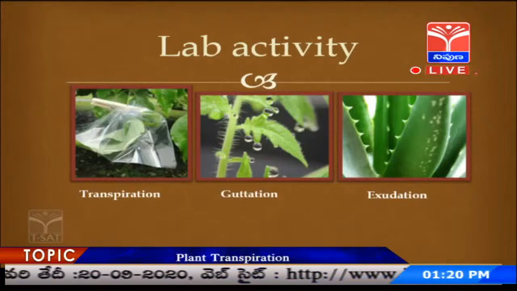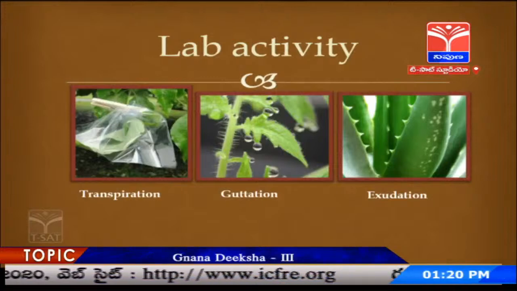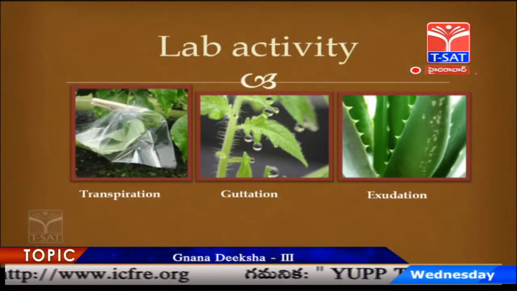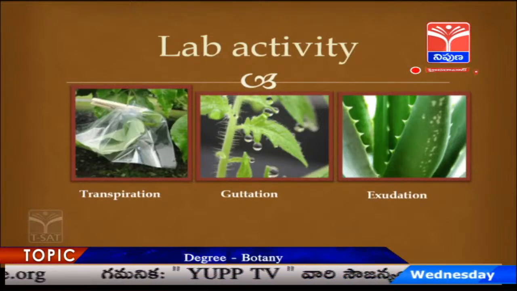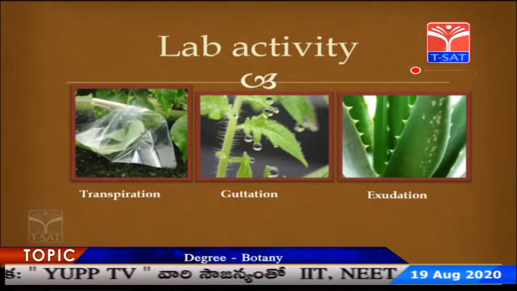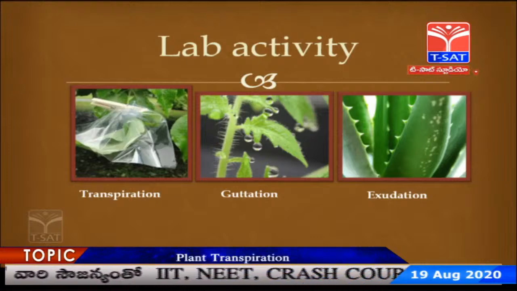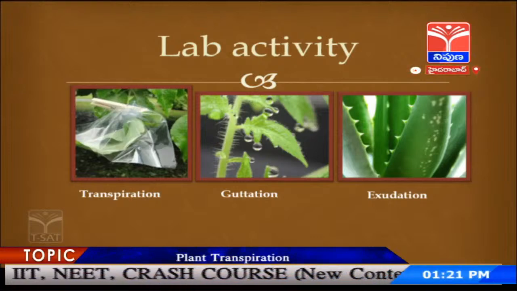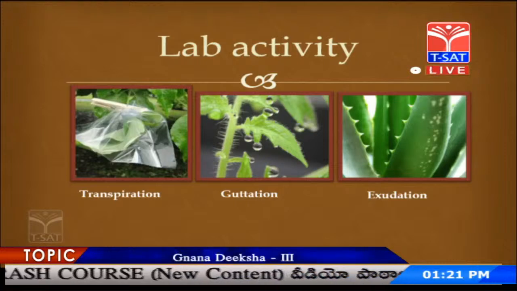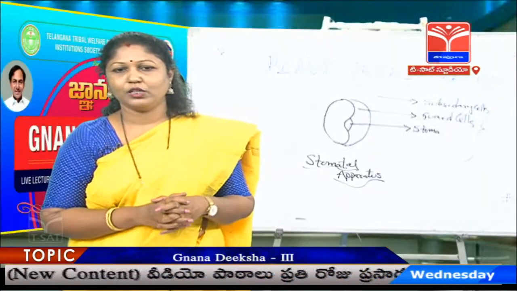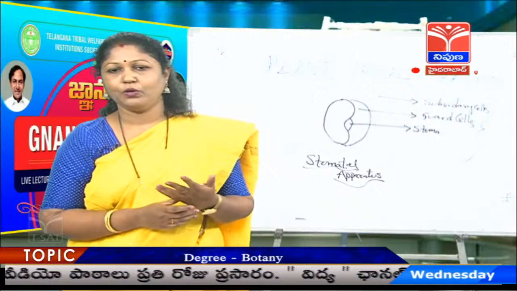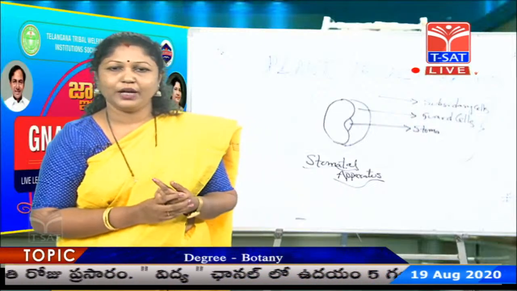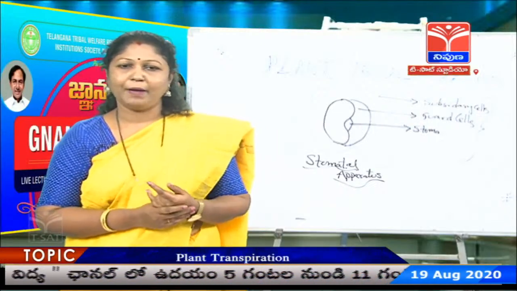Now, any theoretical learning is not sufficient if it is not followed by lab activity. If you want to learn these processes in a laboratory, you can learn transpiration, guttation and exudation by doing a small lab activity.